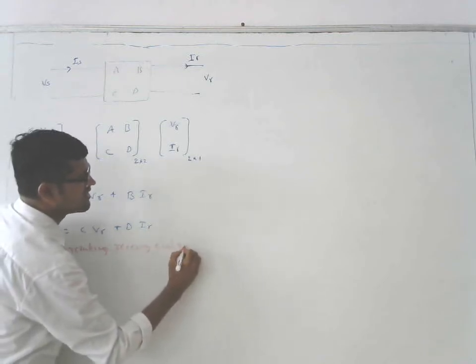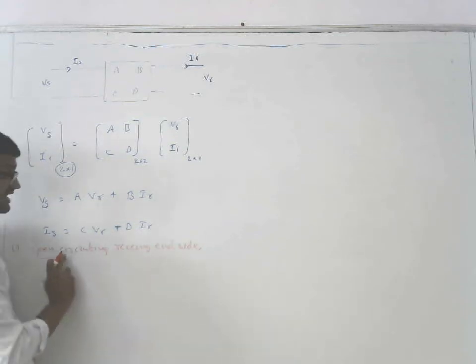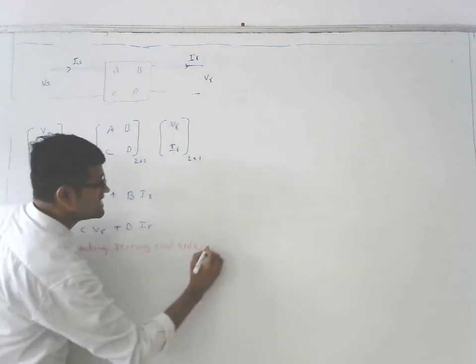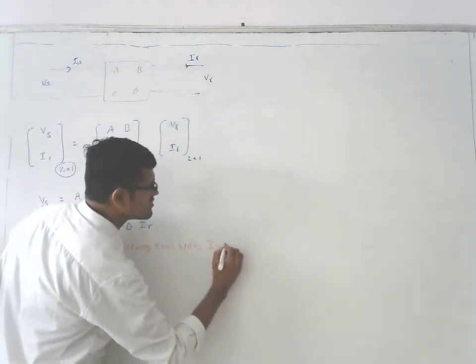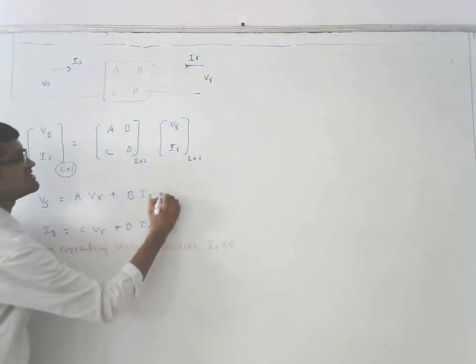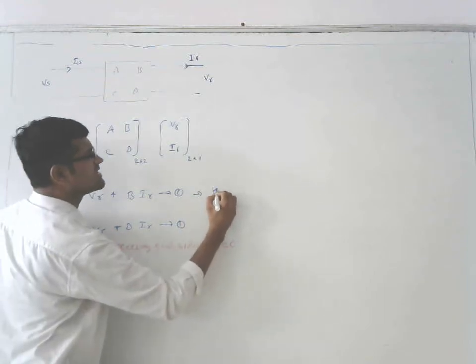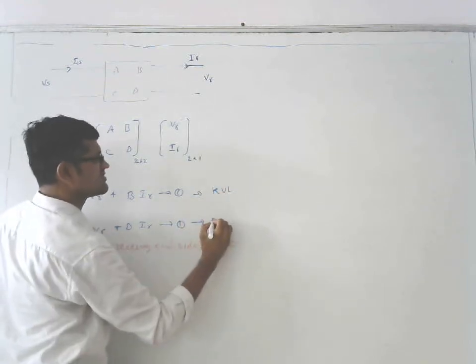Voltage exists, and current becomes 0. No current will flow, so the receiving end current IR is equal to 0. If I open circuit the receiving end side, what can I get? This is equation 1 and equation 2. Equation 1 we get by applying Kirchhoff's voltage law, and equation 2 by applying Kirchhoff's current law to the transmission line.